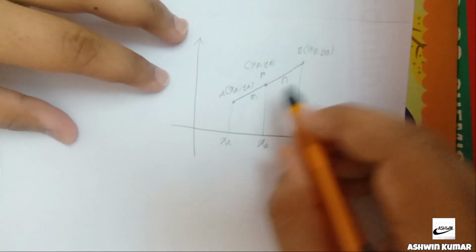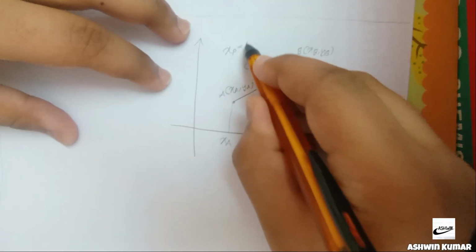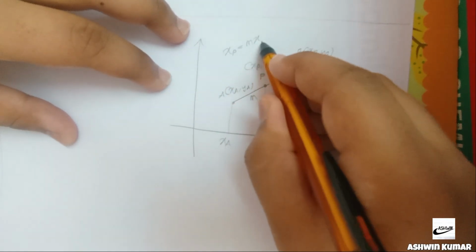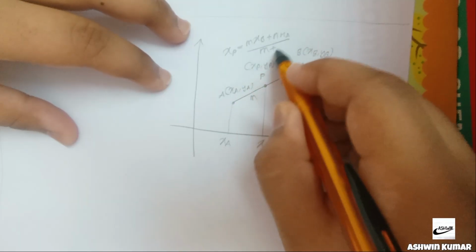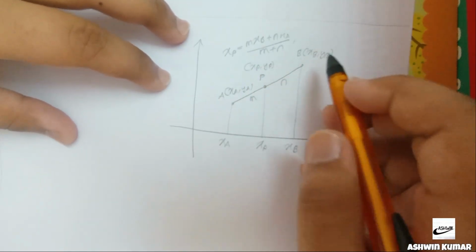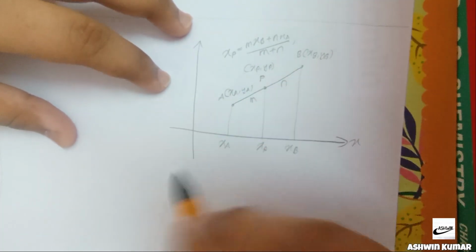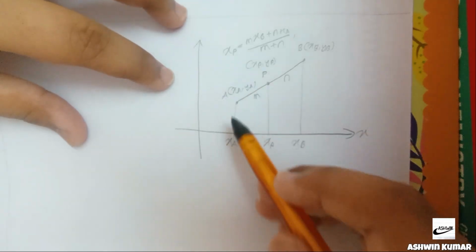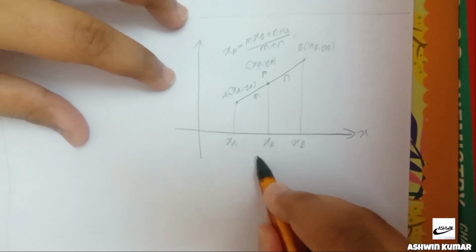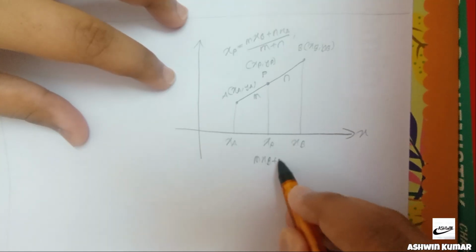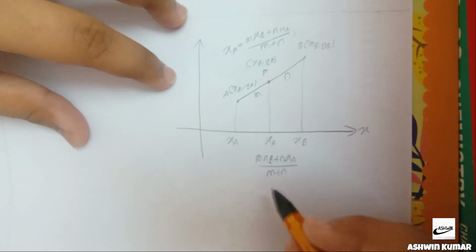Now using the section formula we know that xp is actually (m xb plus n xa) by (m plus n), and similarly it works on the y-axis also: (m yb plus n ya) by (m plus n). If this x is appearing here, then the same xp will appear here, so (m xb plus n xa) by (m plus n), and obviously comma 0.